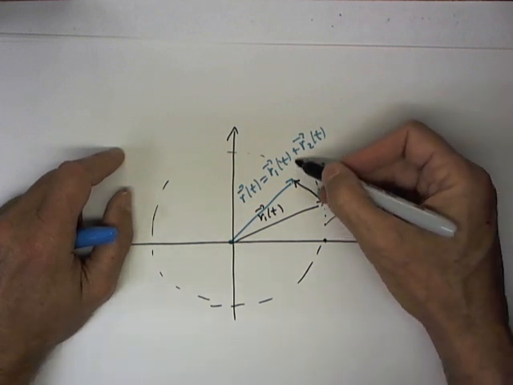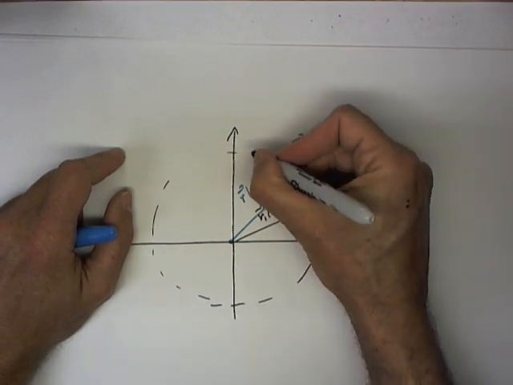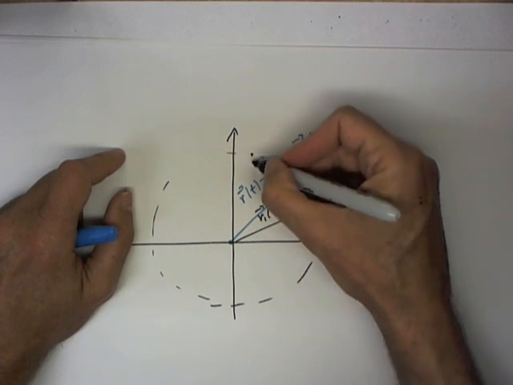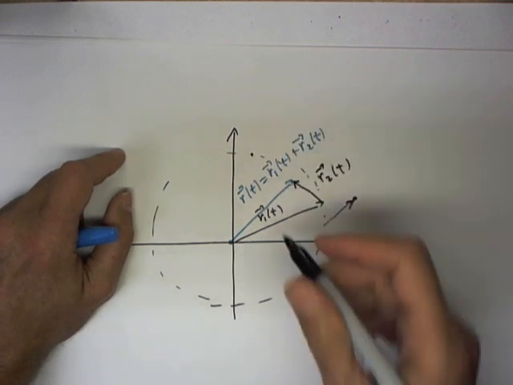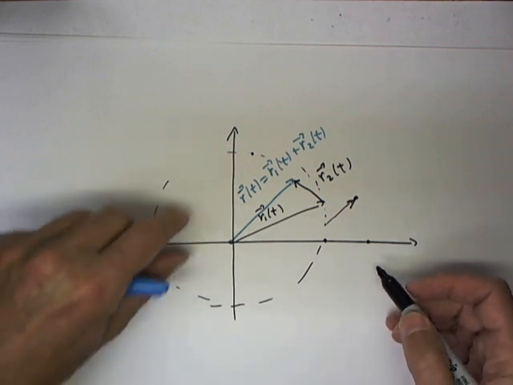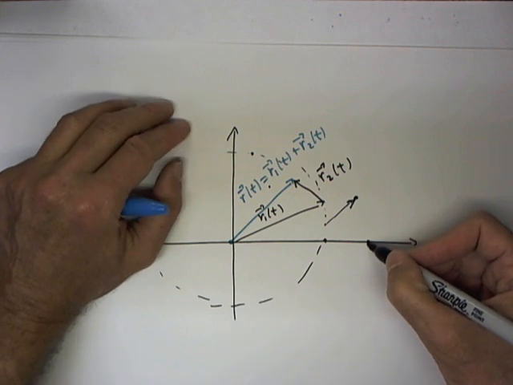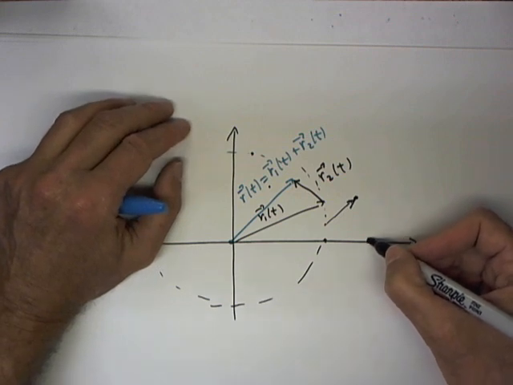Now if we rotate a little further, let's say we rotate up to here, and the r2 vector has come all the way back in this direction. Now this figure isn't working out very well, but the point might be here. And the path might look something like this.